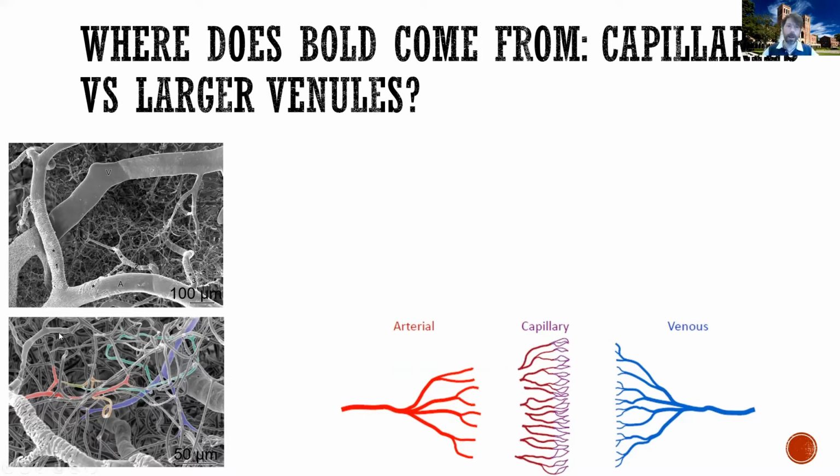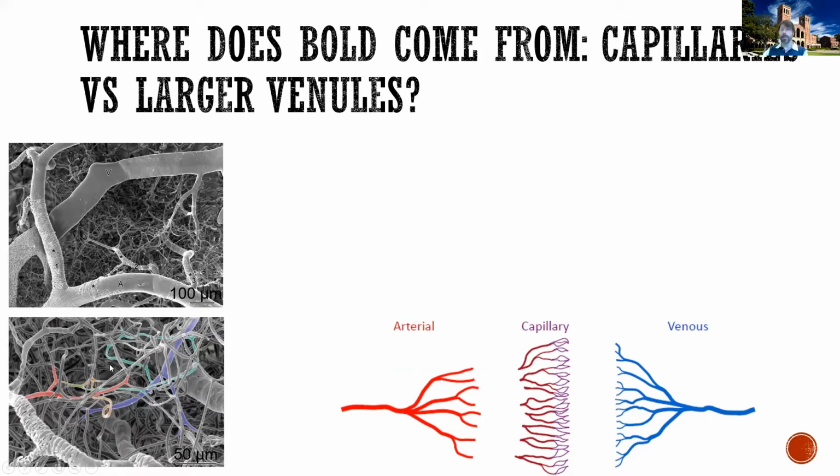And you can see here on the left side an actual picture of the vascular system. You can see a vein up here, a draining vein, and a feeder artery down here. And if you look at the picture below, you can see all these smaller blood vessels, which are capillaries.